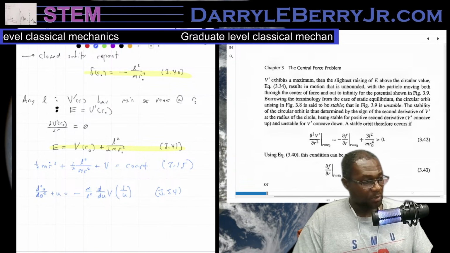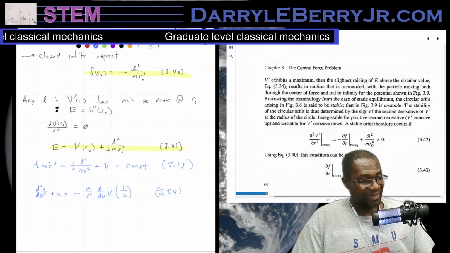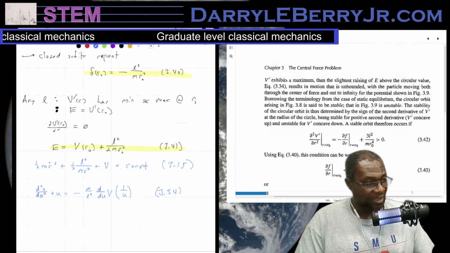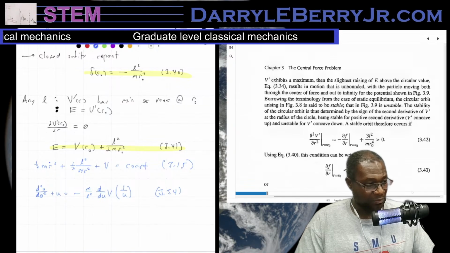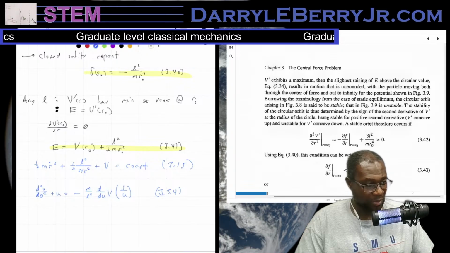So of course, borrowing the terminology from the case of static equilibrium, the circular orbit arising in figure 3.8 is said to be stable, and 3.9 is unstable. The stability of the circular orbit is thus determined by the sign of the second derivative of V prime at the radius of the circle, being stable for positive second derivative, unstable for V concave down. A stable orbit therefore occurs if the second derivative of V prime at R naught, equal to negative partial F partial R plus 3L squared over m R naught to the fourth, is greater than 0.